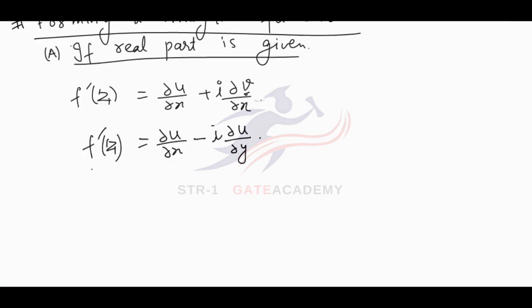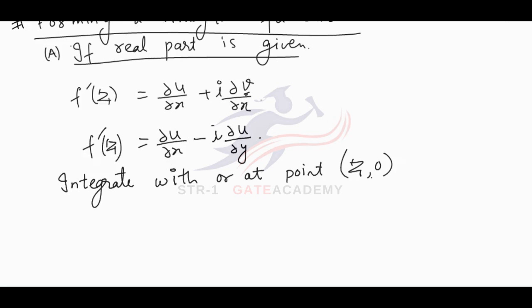We wanted the analytic function f z. So we'll integrate at the point z comma 0. If we integrate this at point z comma 0, we'll get the answer. How? Let's understand this.